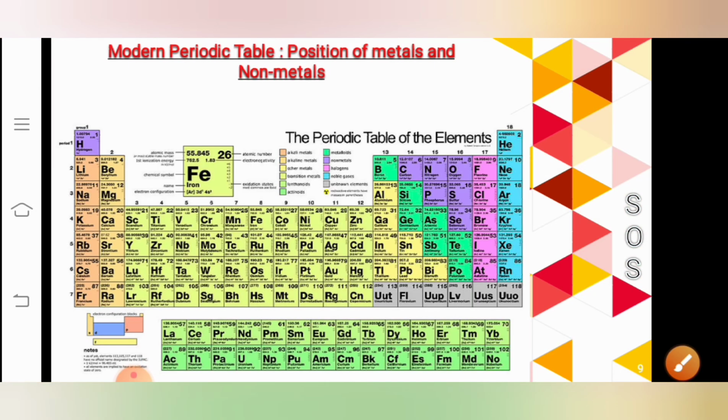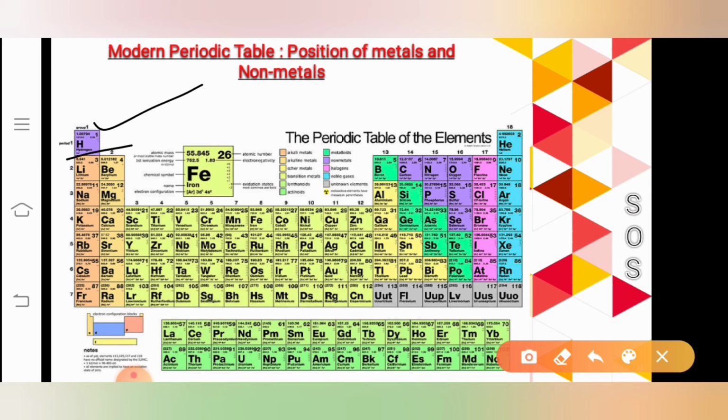Next, let us understand the position of metals and non-metals in the periodic table. If you look at the periodic table, hydrogen is a non-metal, but starting from this region till here, they are all metals. The elements present on the left hand side of the periodic table are all metals. There are so many metals compared to non-metals.